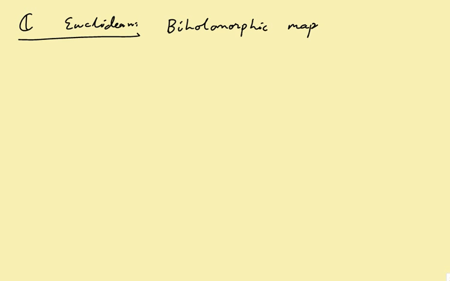C is Euclidean in the following sense, namely, what are complex analytic symmetries? So biholomorphic maps, let me call them F from C to C. This means holomorphic and invertible. Now invertible in any given sense is the same thing.